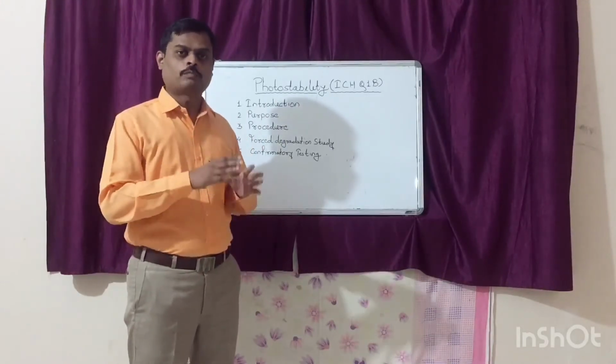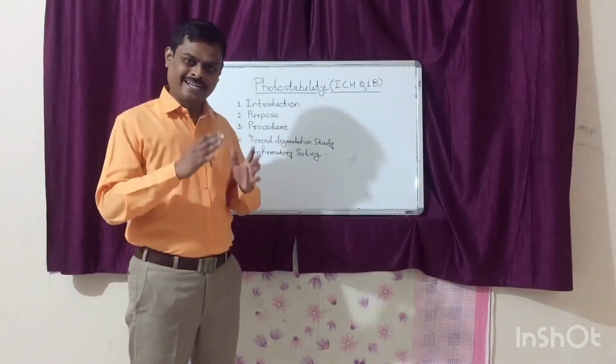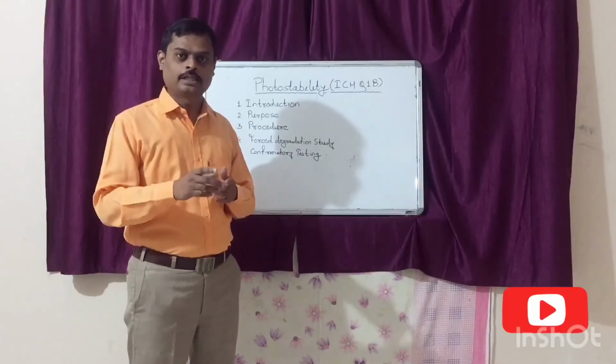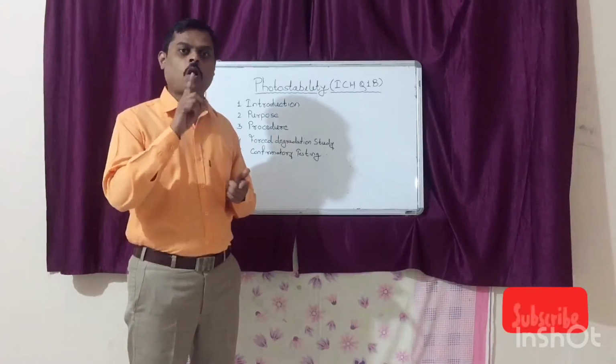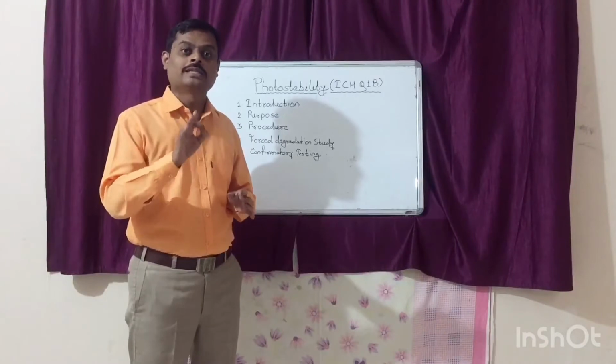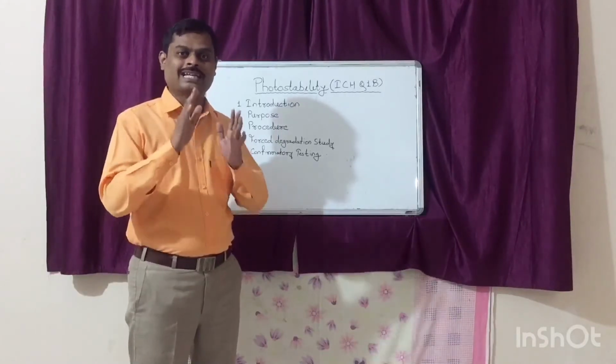The third objective of photostability is to identify the precautionary measures to be taken during manufacturing or testing of the drug substance or drug product if your drug substance or drug product is light sensitive.